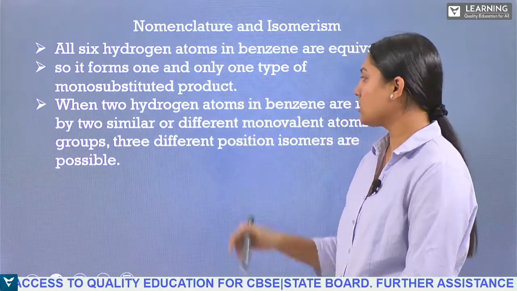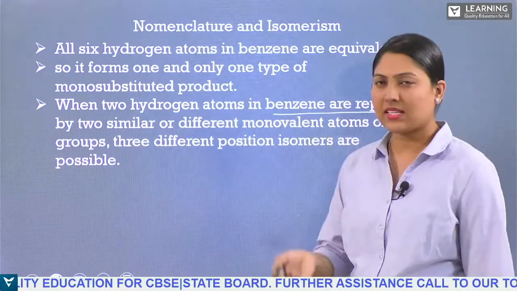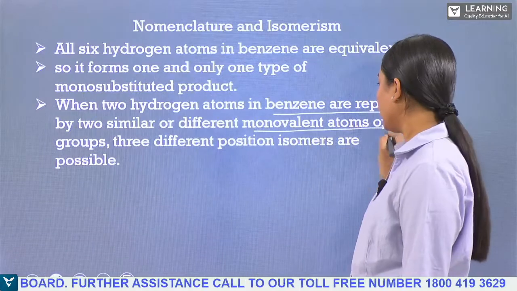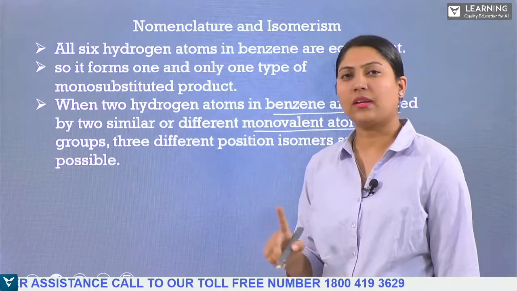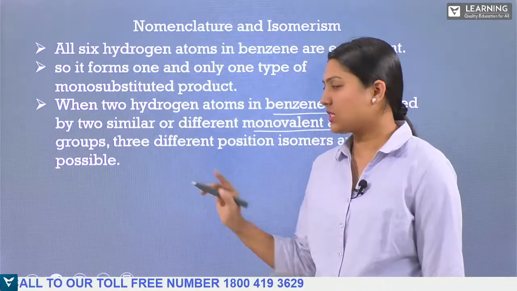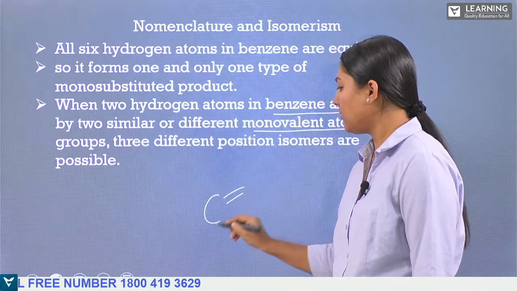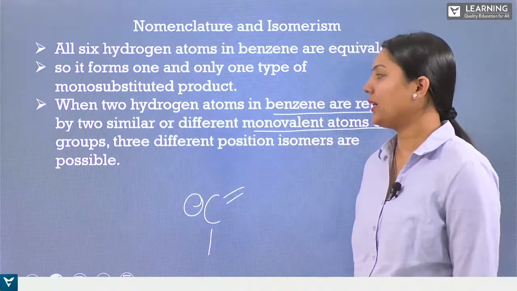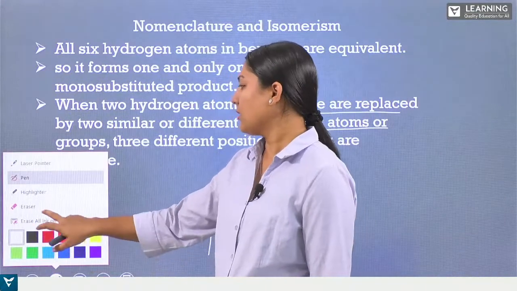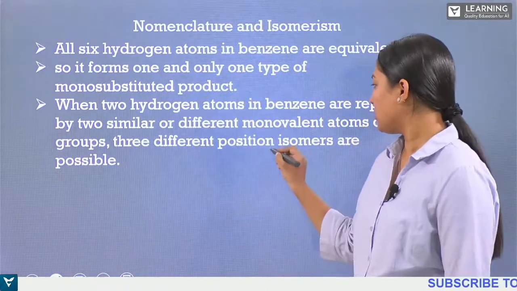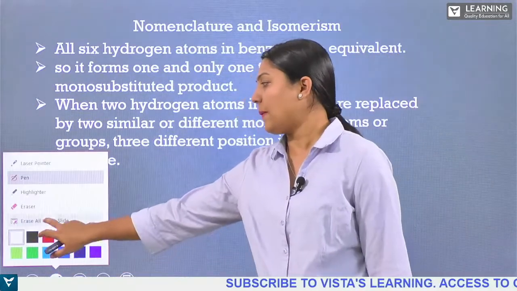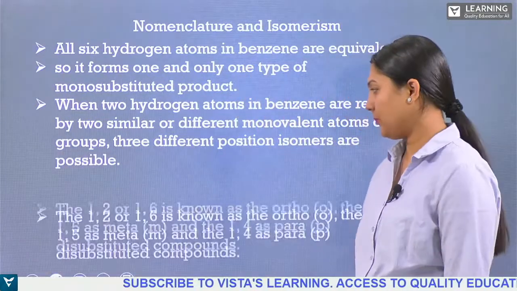So when two hydrogen atoms in the benzene are replaced by two similar or different monovalent atoms, because we know it has only one valency, which has been satisfied already with the 3, it requires one more valency. So we want a monovalent atom or group of atoms. 3 different positional isomers are possible, as I said, ortho, meta and para.